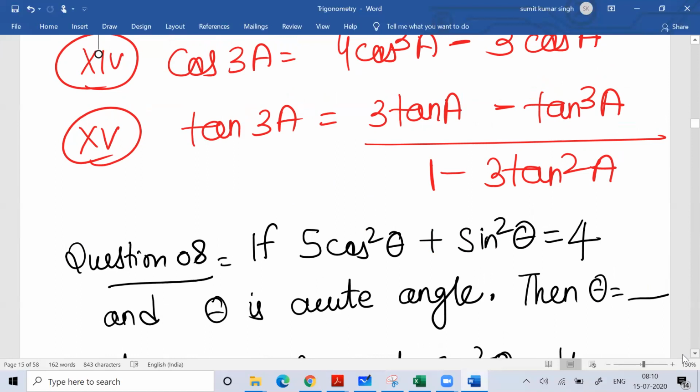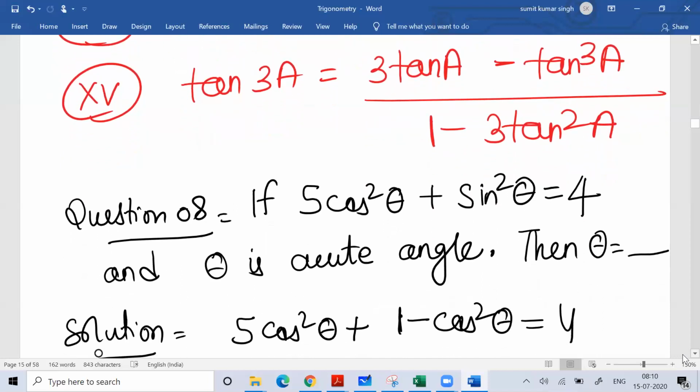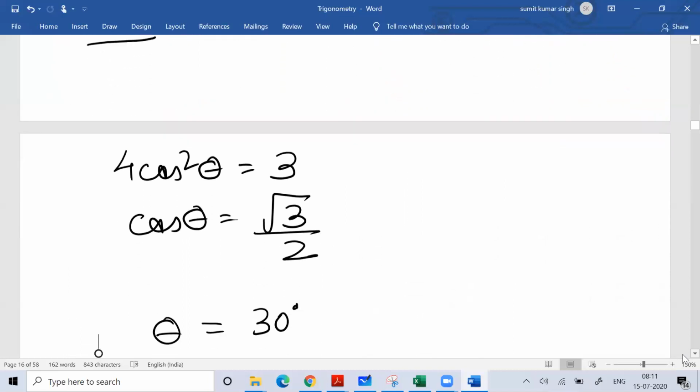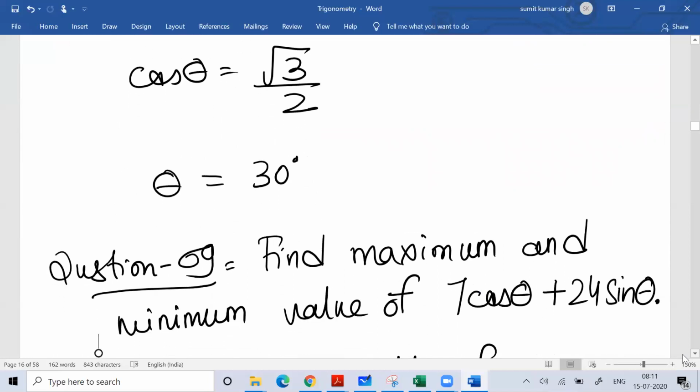To solve this, you can write cos square A equal to 1 minus sin square A, or sin square A equal to 1 minus cos square A. If in place of sin square theta I write 1 minus cos square theta, then you will get 4 cos square theta equal to 3. Then cos theta equals root 3 by 2. So ultimately the value of theta would be 30 degrees. Simple question.